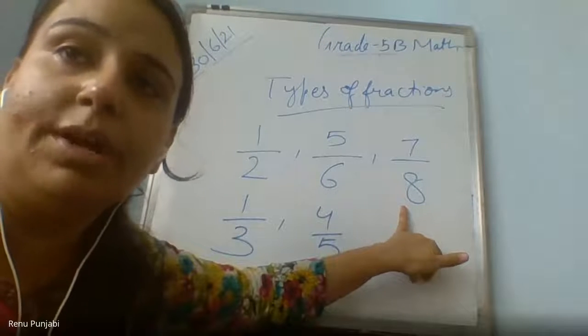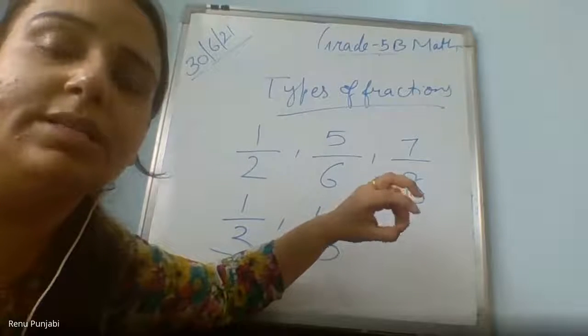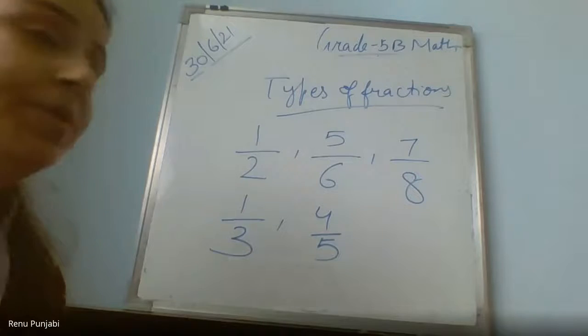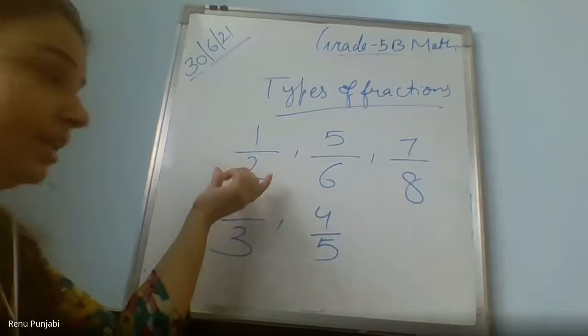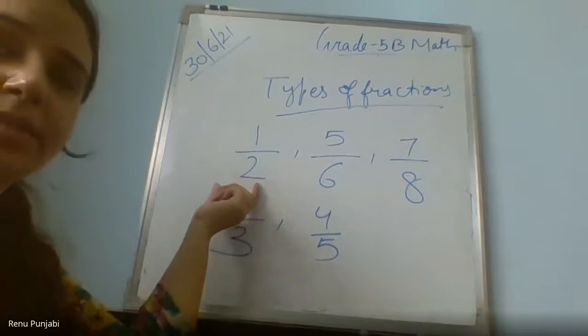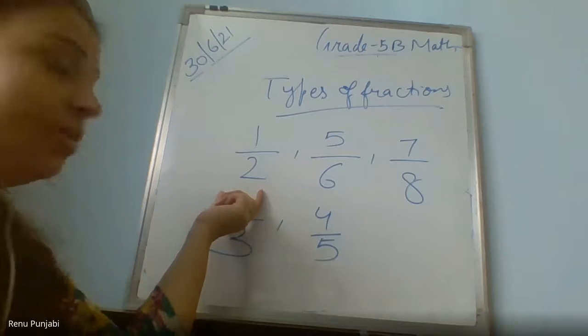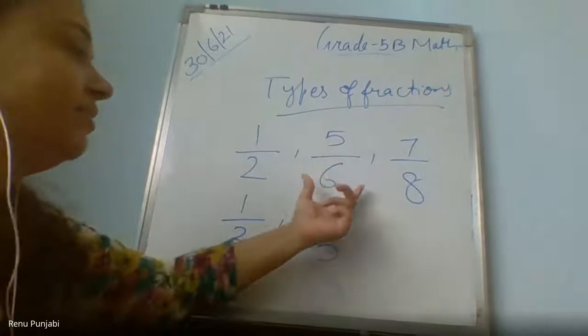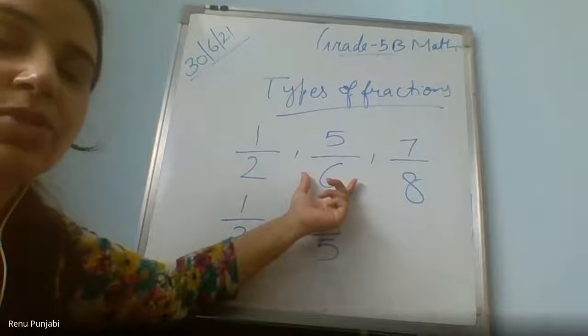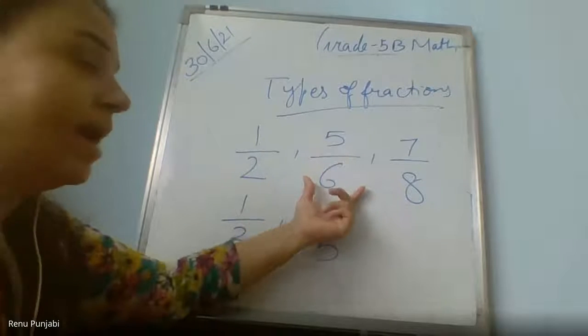Do you all know what denominator means? Yes, Rudra, tell me. Ma'am, the thing that we are dividing into parts. Yes, how many parts? Denominator shows us the total. If something was divided into how many parts?